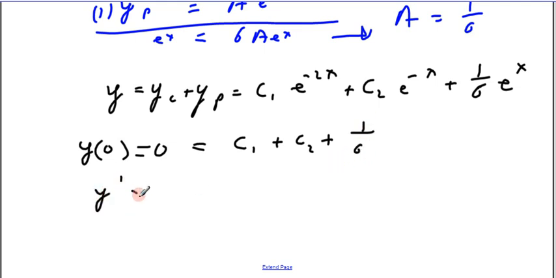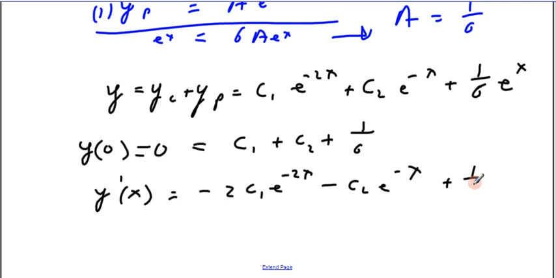Y prime of x is going to be minus 2 c1 e to the minus 2x minus c2 e to the minus x plus 1/6 e to the x. Y prime at 0 is 3. Boy, that was good. I like the way the placement of that 3 went.